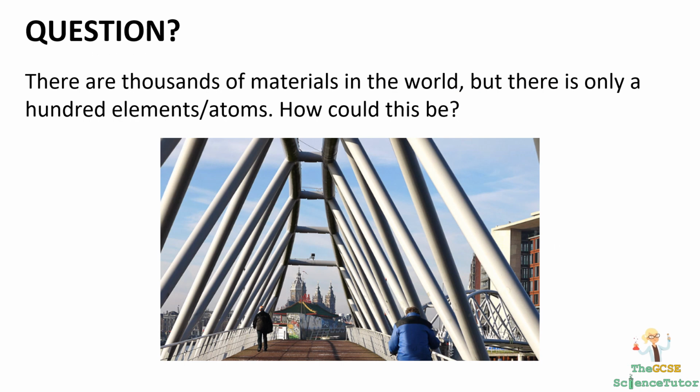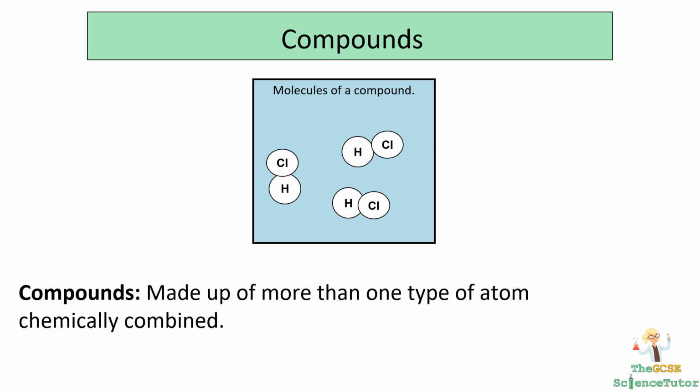So question, there are thousands of materials in the world, but there is only 100 or so elements or types of atoms. How could this be? You've got it. It's all about the different types of atoms being able to bond together, or if you like, join together to make compounds.